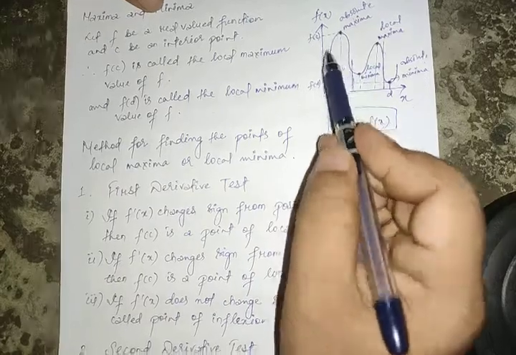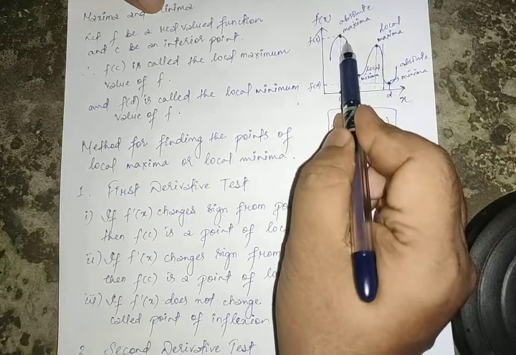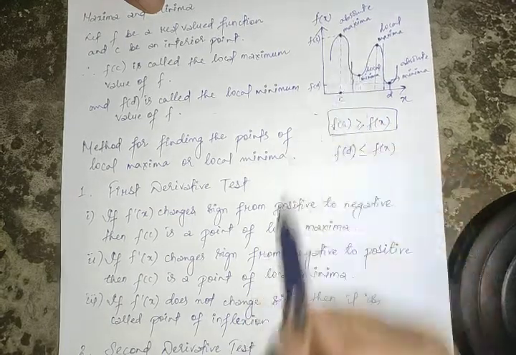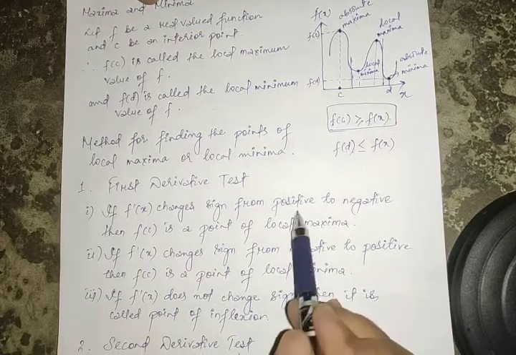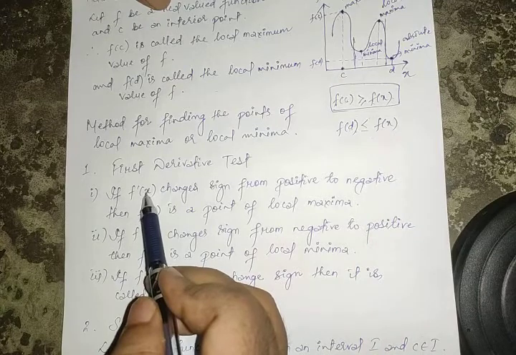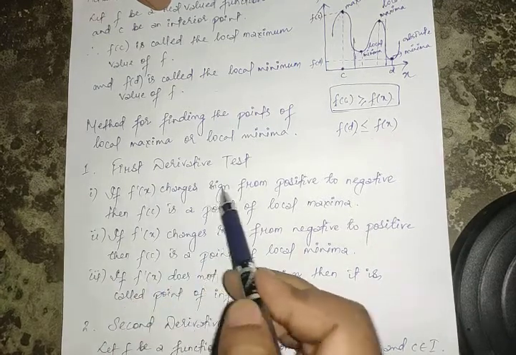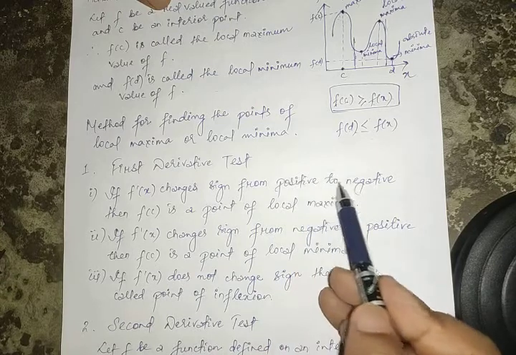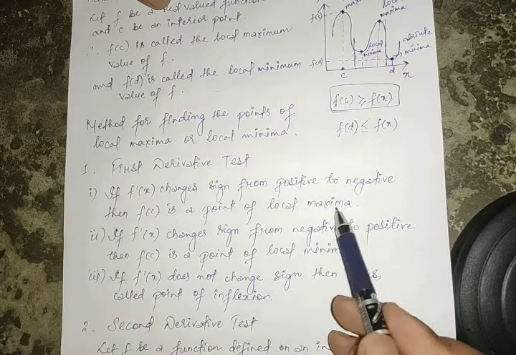But if the curve is decreasing, for example here, that means the sign is changing from positive to negative. So if f dash x, the derivative, changes sign from positive to negative, then f of c is a point of local maxima.